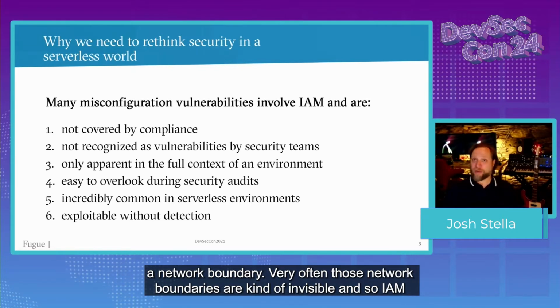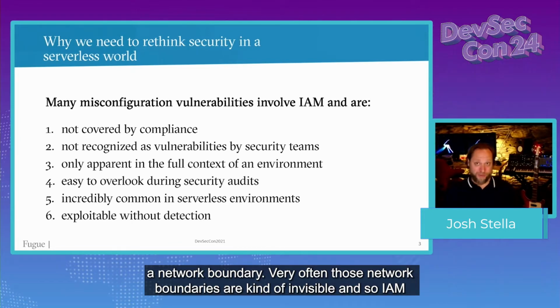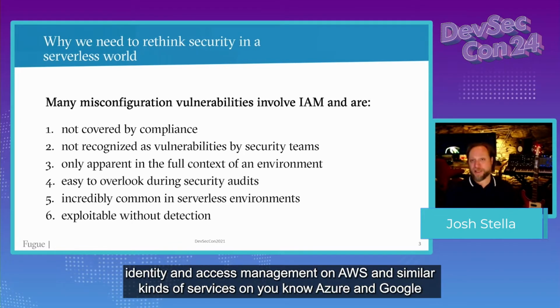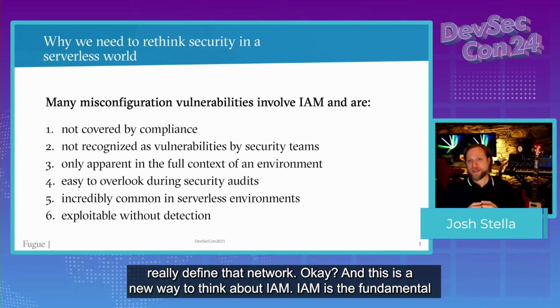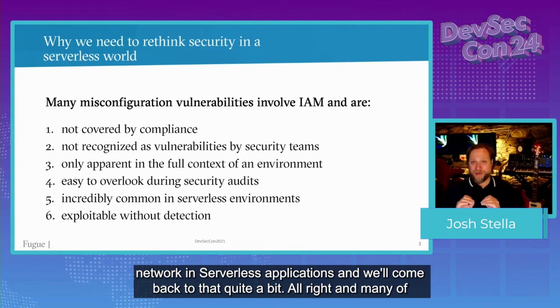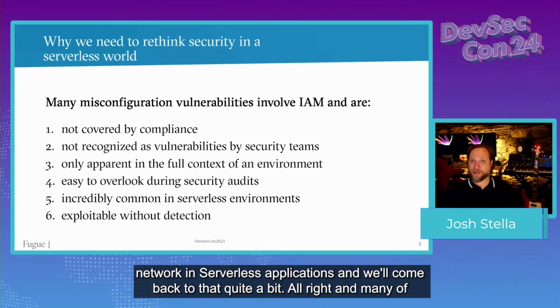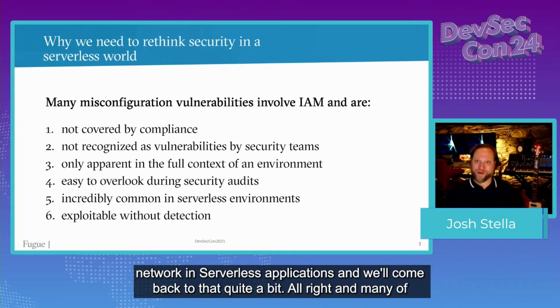Very often those network boundaries are kind of invisible. And so IAM, Identity and Access Management on AWS, and similar kinds of services on Azure and Google really define that network. This is a new way to think about IAM. IAM is the fundamental network in serverless applications, and we'll come back to that quite a bit.